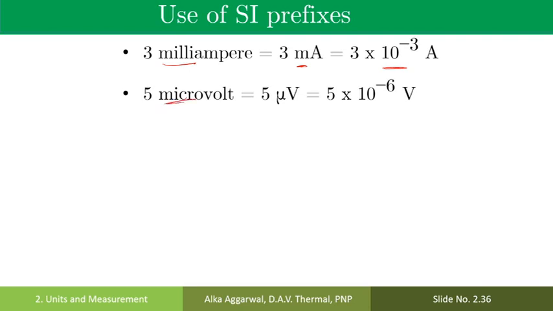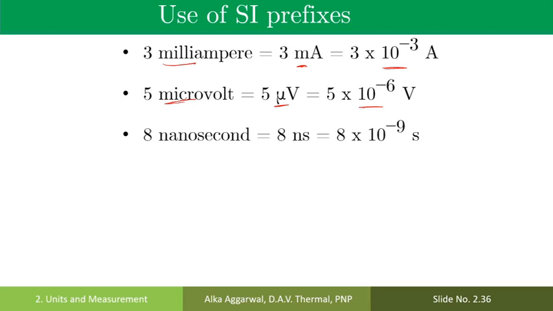Micro is represented by the symbol pronounced mu and its value is 10 to the power minus 6. If I say 5 micrometer, then it is 5 into 10 to the power minus 6 meter. So some unit is always attached to the prefixes.